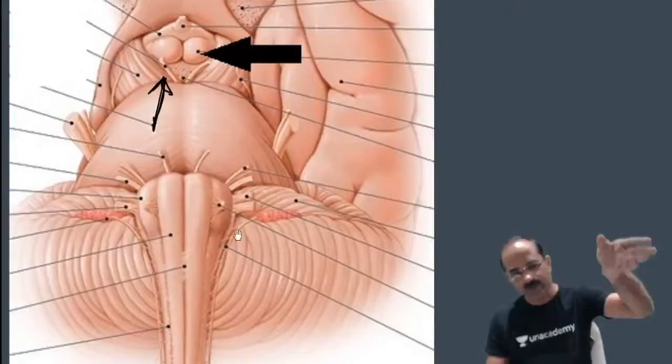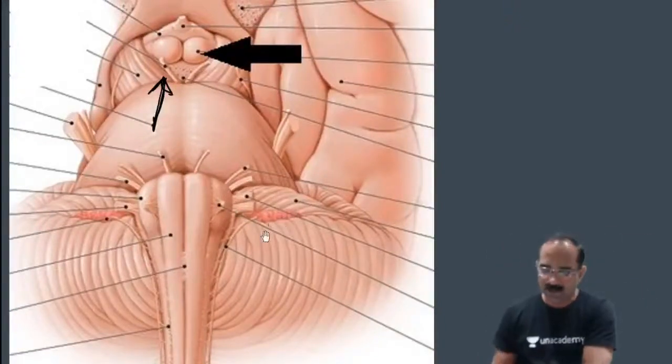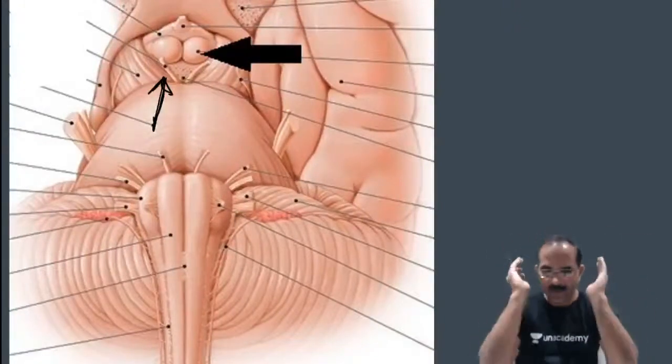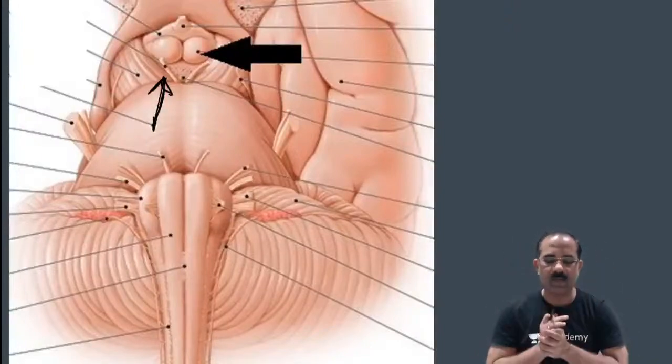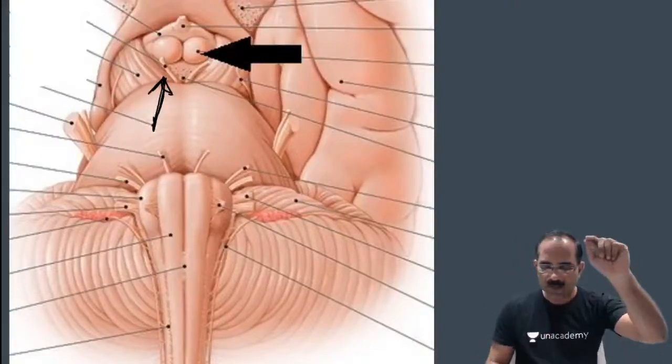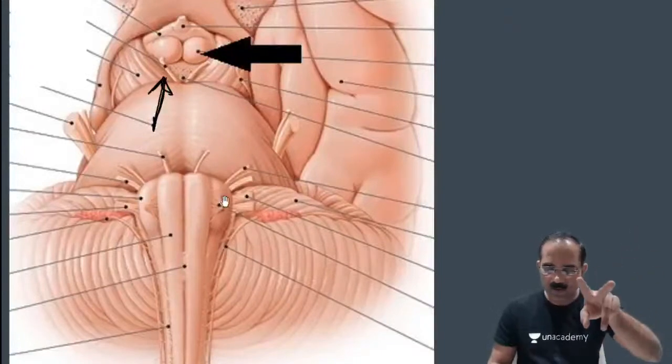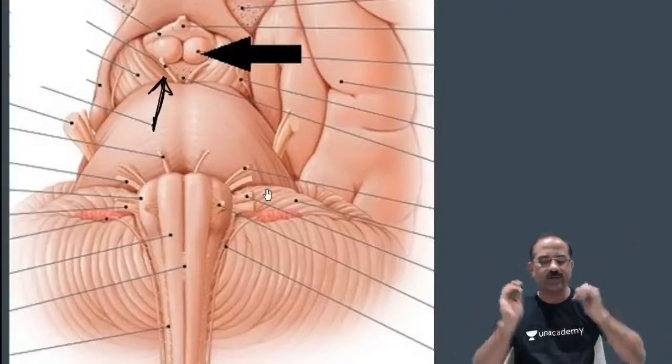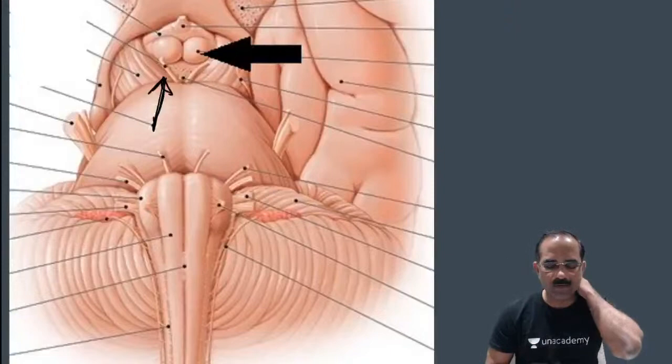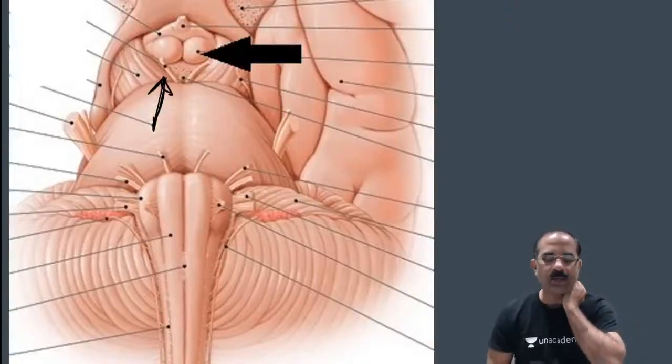Lateral to the olives, if you go a little further lateral, that is going to be the inferior cerebellar peduncle. Very good. So these are the pyramids, these are the olives, and lateral to them you get the inferior cerebellar peduncle.